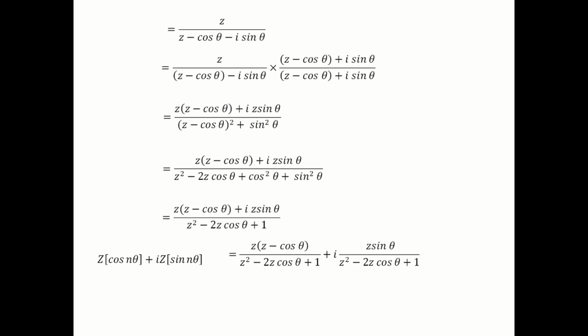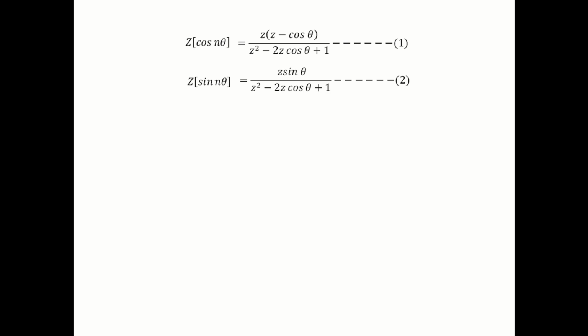Equating real and imaginary parts on both sides, Z of cos nθ equals z(z minus cos θ) by z² minus 2z cos θ plus 1. That is equation number 1. The imaginary part, Z of sin nθ equals z sin θ divided by z² minus 2z cos θ plus 1, is equation number 2.